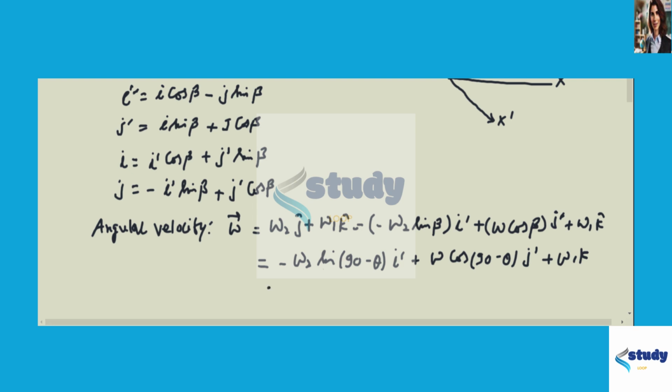So it could be written as minus omega 2 sine of theta i dash plus omega 2 sine of theta j dash. Say equation 1.